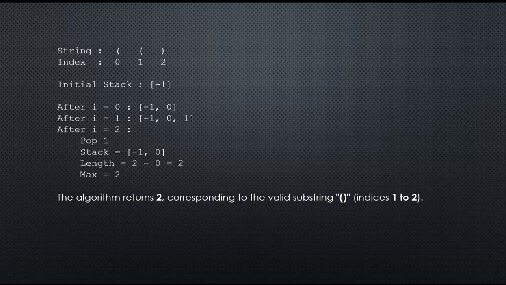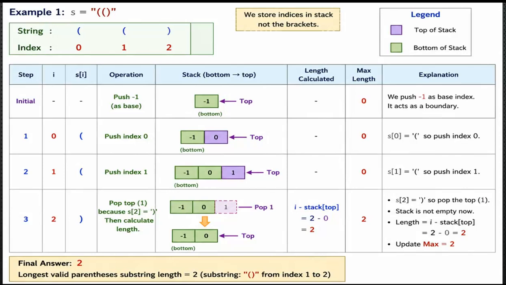After i equal to 2, it is pop. I pop 1, stack becomes -1, 0. Find out length. That's your answer because that's the end of the string. This is the visualization for the same example. Longest valid parenthesis substring length is 2. So you store the indices, not the brackets.